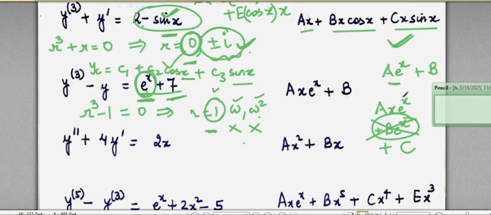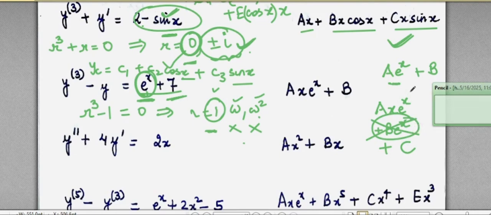So you can always first apply the rule, look for possible terms which can arise out of its differentiation. There will be no new terms generally arising out of differentiation in these cases, and then remove the ones which are already appearing in yc to avoid duplication and unnecessary calculation.